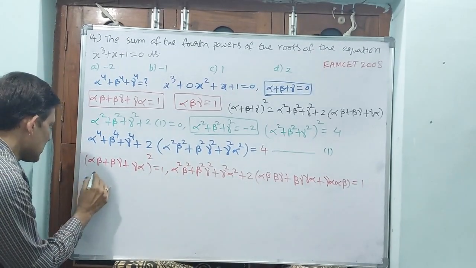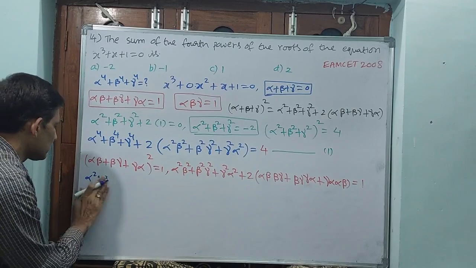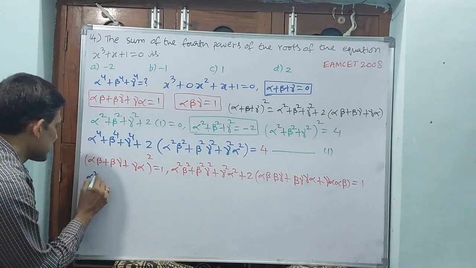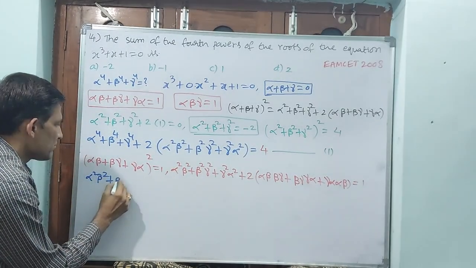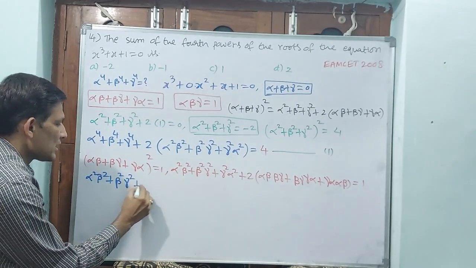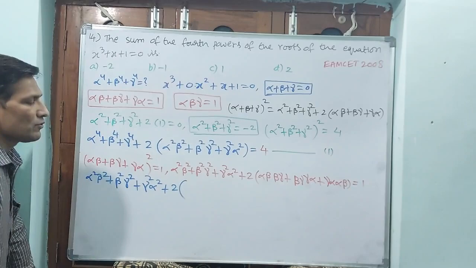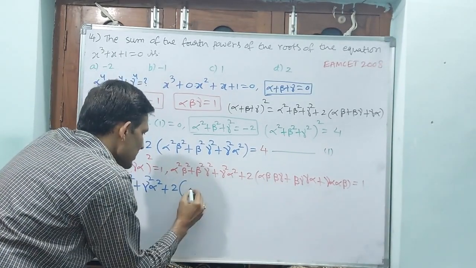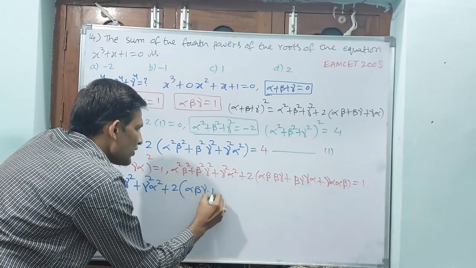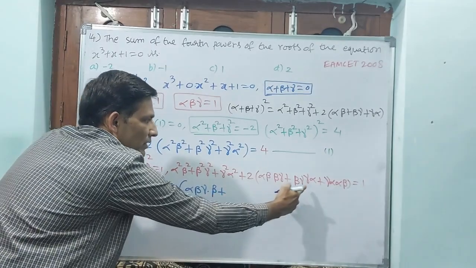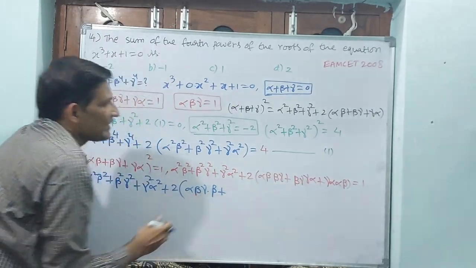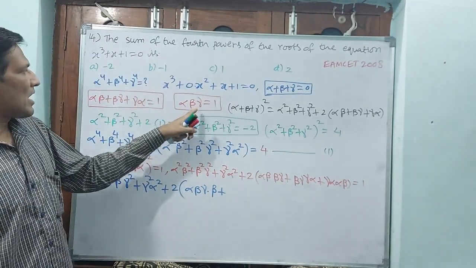See, alpha square beta square plus beta square gamma square plus gamma square alpha square plus 2 times of, you see, alpha beta gamma into beta plus alpha beta gamma into gamma plus alpha beta gamma into alpha. Shall I take directly? Because alpha beta gamma value is 1.